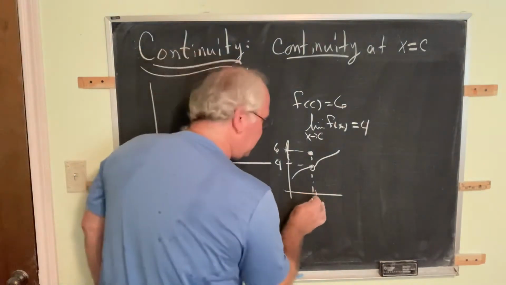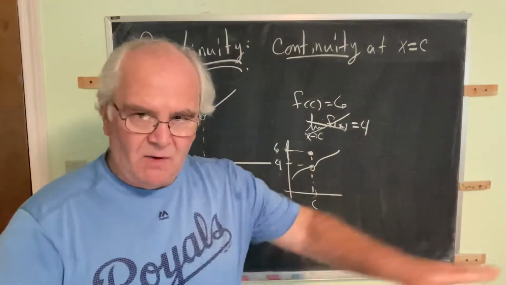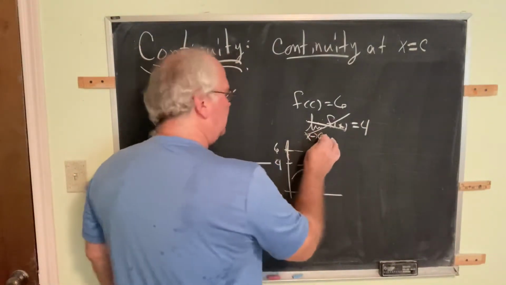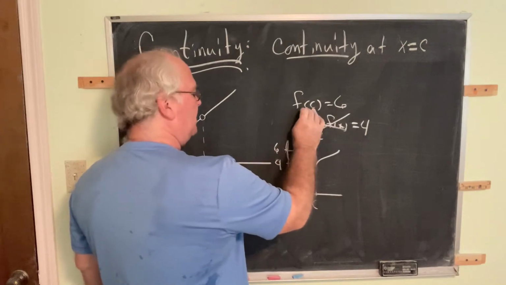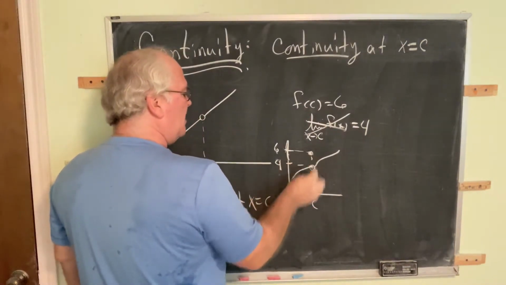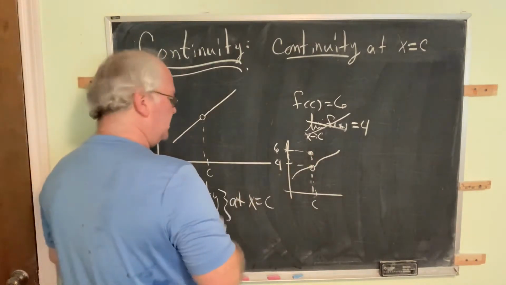As soon as you hit c, then we have left the limit. Remember, for the limit, we don't care what happens at x equals c. So at x equals c, we leave the limit behind. Now we do the function value. And so if there's a separate point above or below, that's like a subcategory of this type of discontinuity.